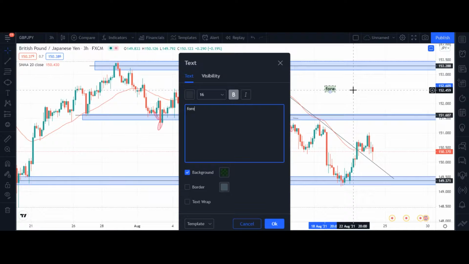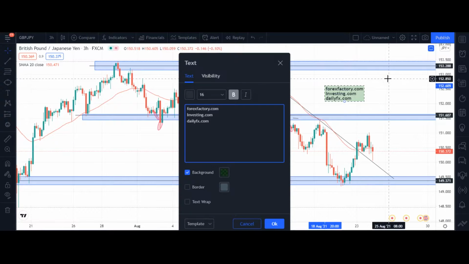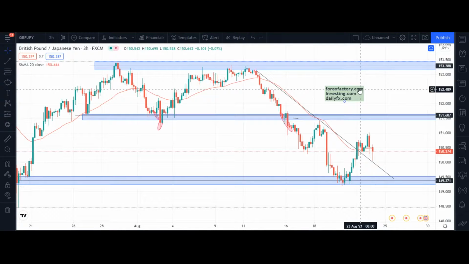I use forexfactory.com. It's a great site. Investing.com, and also dailyfx.com. Okay, any of those three sites are really great to use to look for red folder events.